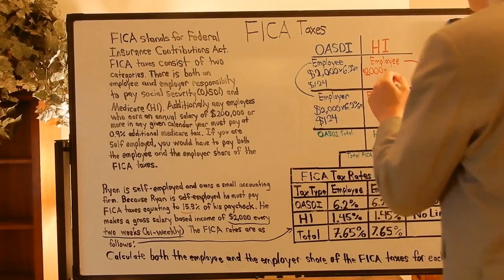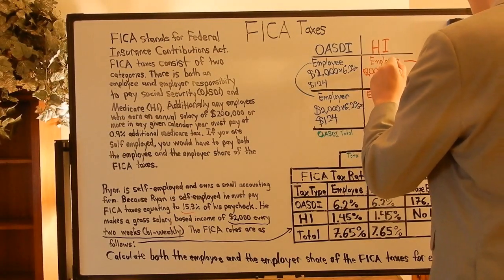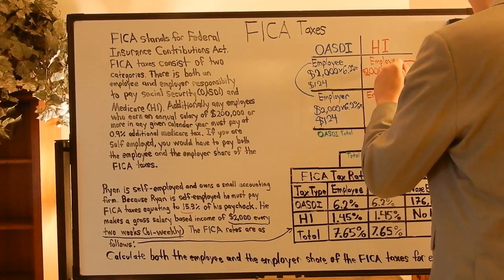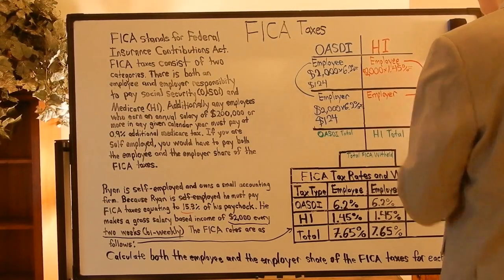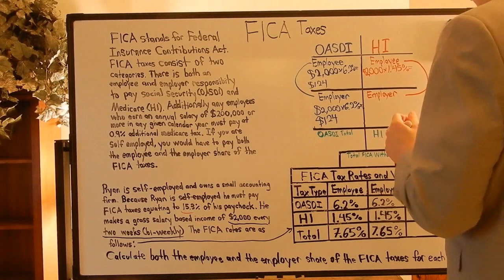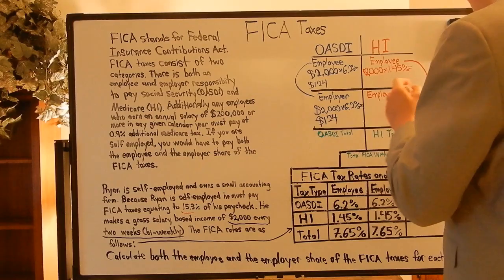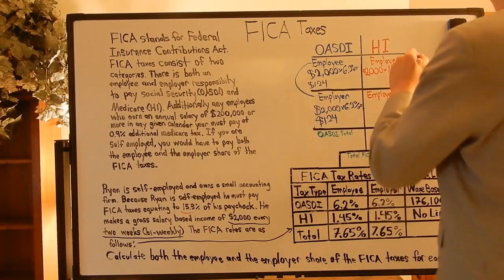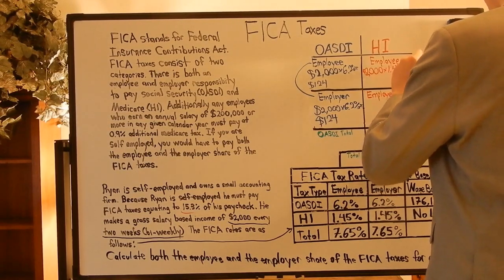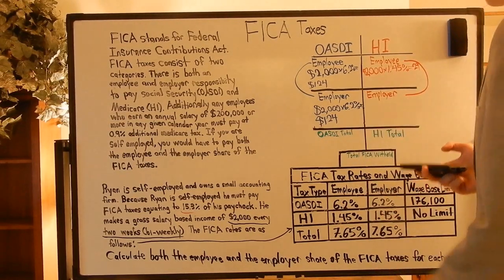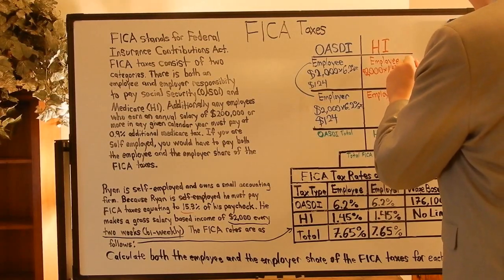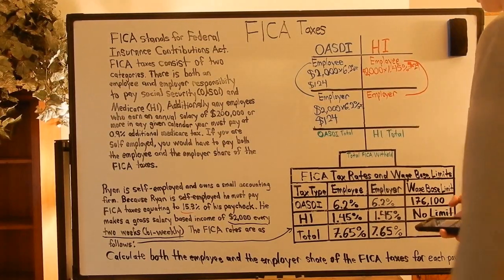So moving on to HI, you have 2,000 times 1.45%, and if you calculate that out, it will give you $29. So $29 for the employee share.